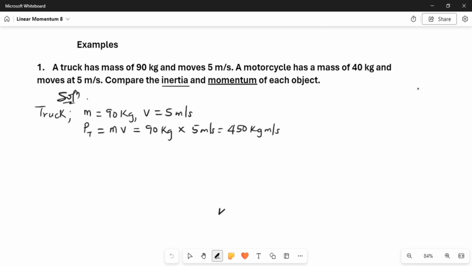So for the truck, this is the momentum, 450. Now, take note that the inertia of an object is given by the mass of the object.